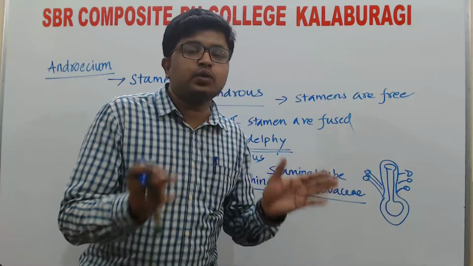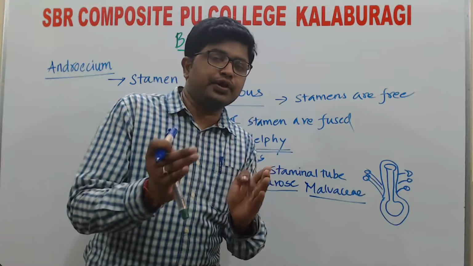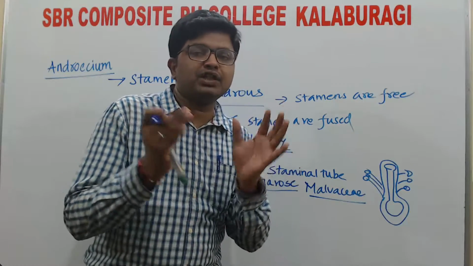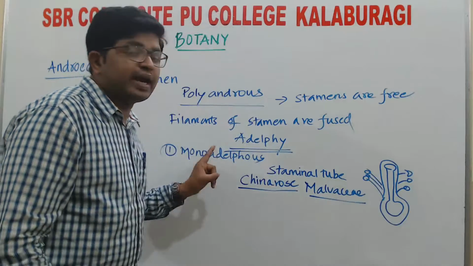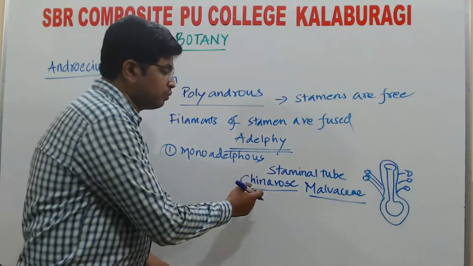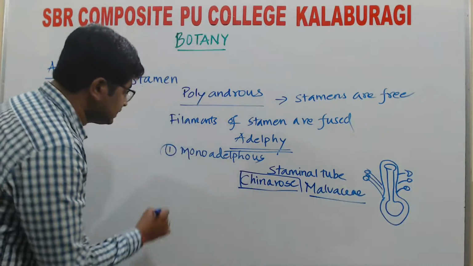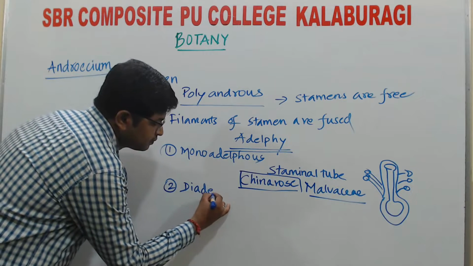When the filaments of the stamens are bunched together in one group, we call it monoadelphous condition, which we observe in China rose. The example is very important. Second, diadelphous condition.